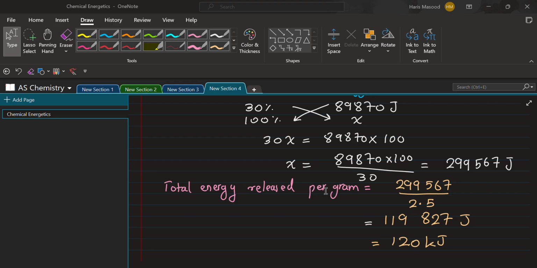So that was the question. That is how we do the questions. Now, one thing more. For example, we will be using another formula as well for this, that will be enthalpy delta H equal to.